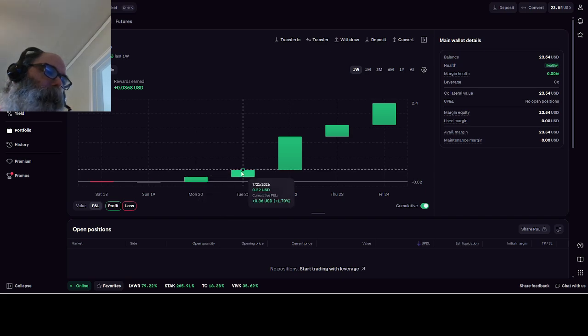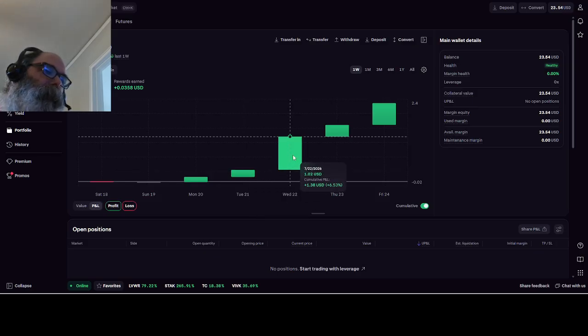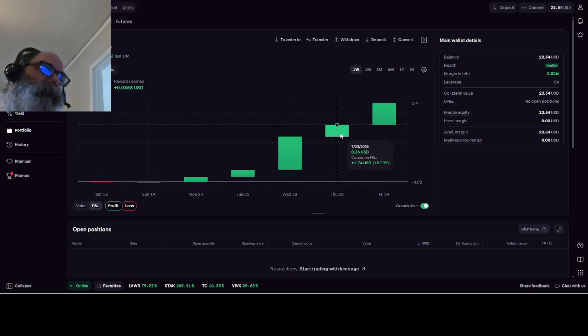22 cents, a 1.70% trade. Then on Wednesday, I got $1.02 worth of a trade. On Thursday, an interesting thing happened. I actually would have had a much higher percentage, but I ended up taking a trade that lost me about 33 cents.